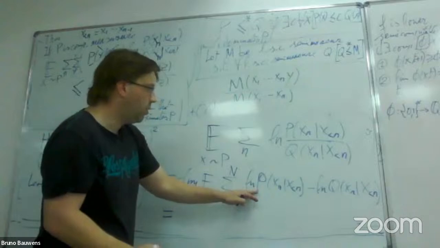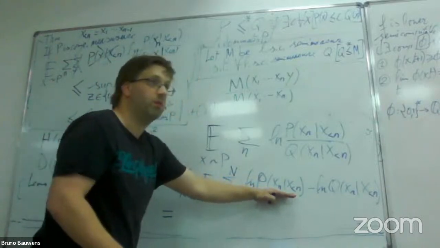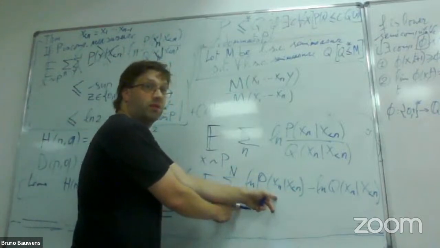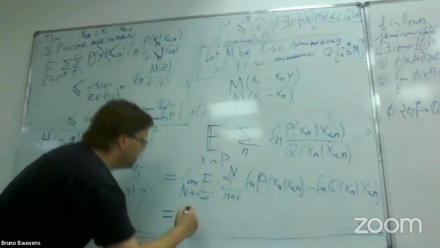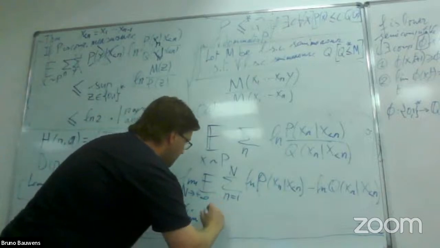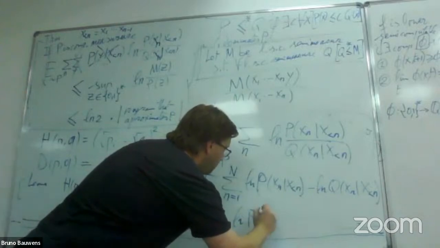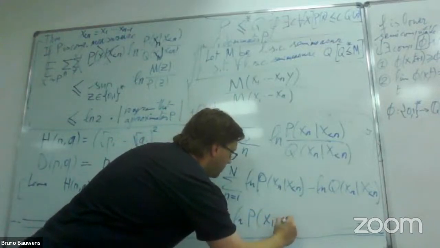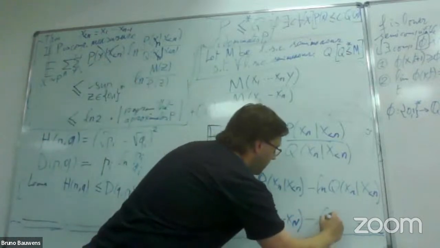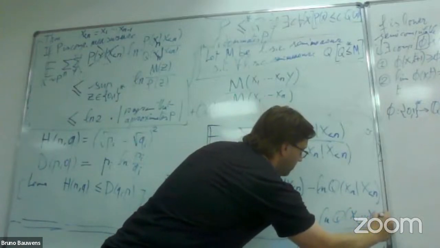Okay, now we have a sum of logarithmic conditional probabilities. So we flip sum and ln, we get the product of conditional probabilities, which will be the joint probability. So we have the limit n to infinity of expectation over ln P(x1 till xn) minus ln Q(x1 till xn) here.